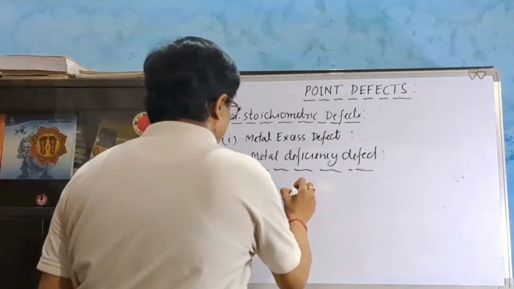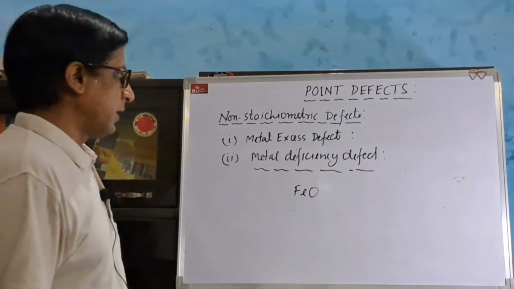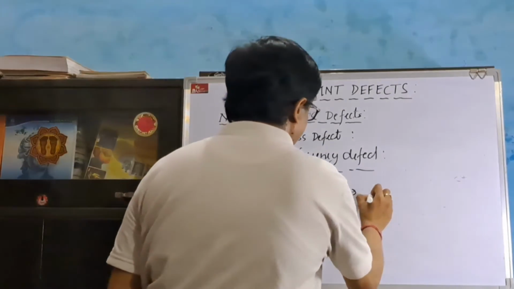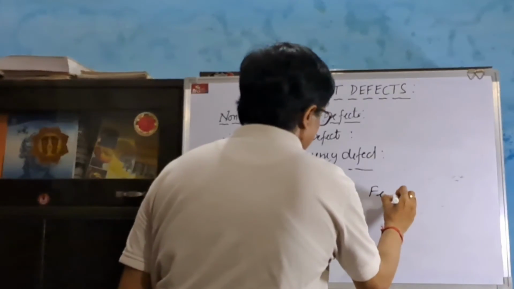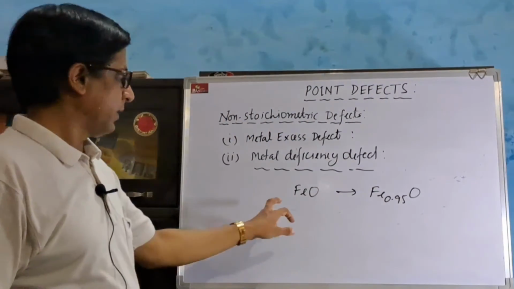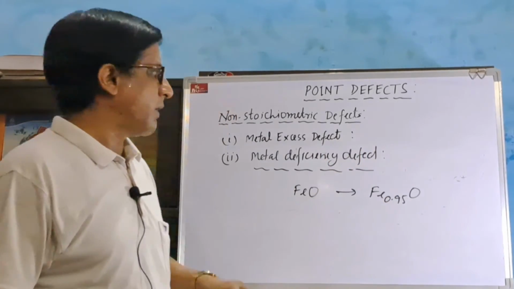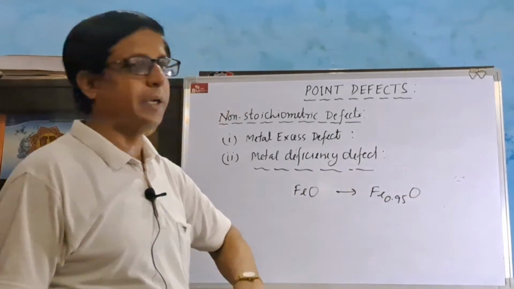For example, when iron oxide is produced, it has been found that iron is not present in the stoichiometric ratio 1:1. Iron is present in lesser amount, its stoichiometry is 0.95.